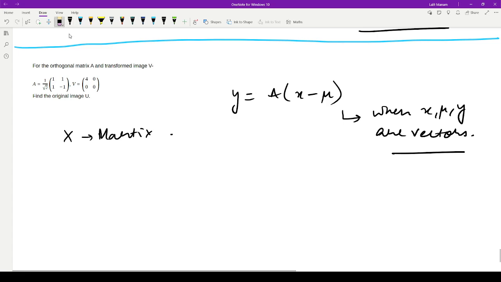So what is the KL transform for a matrix? So what would be the equivalent V here? It's given as V in this question. So V will be related to the original matrix X, or I will just use the same notation, U, as what?